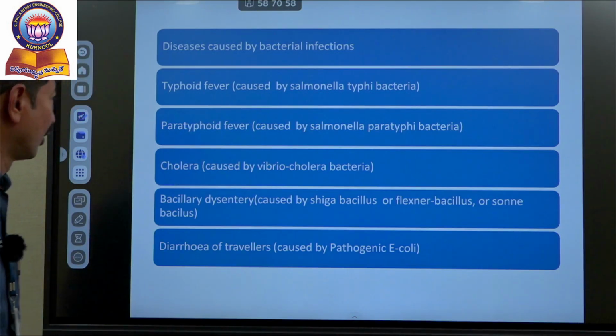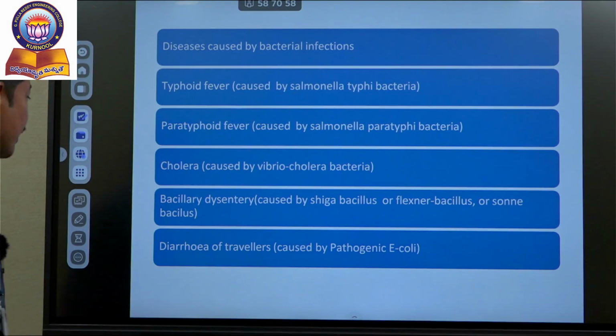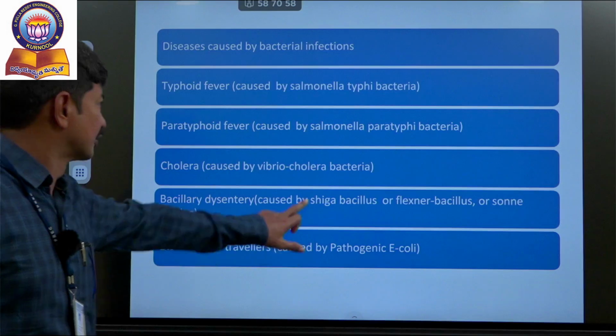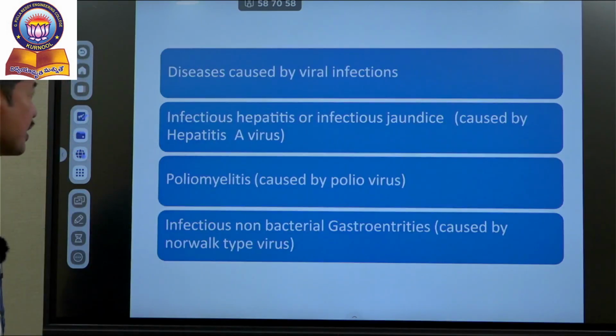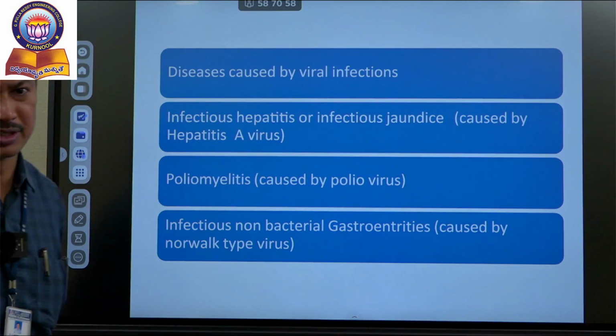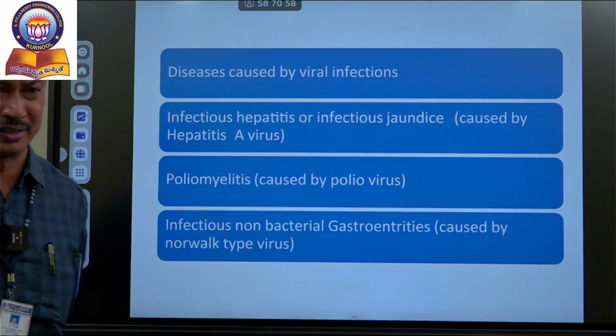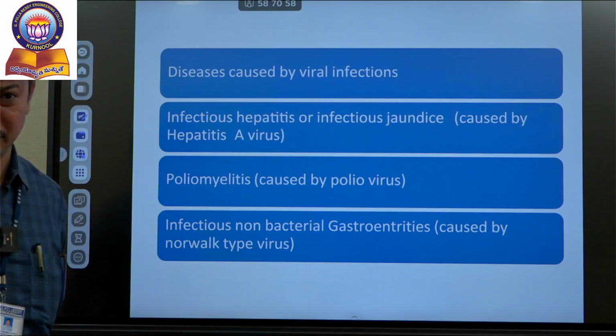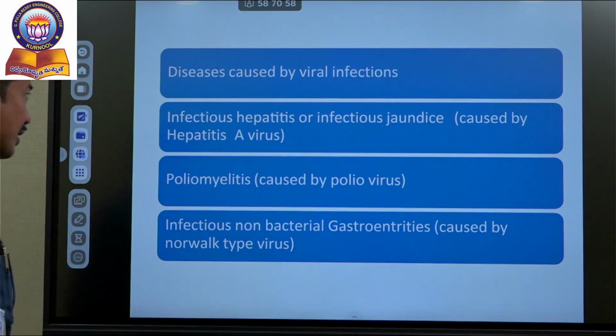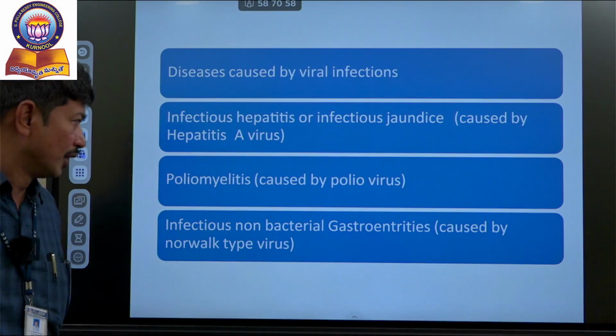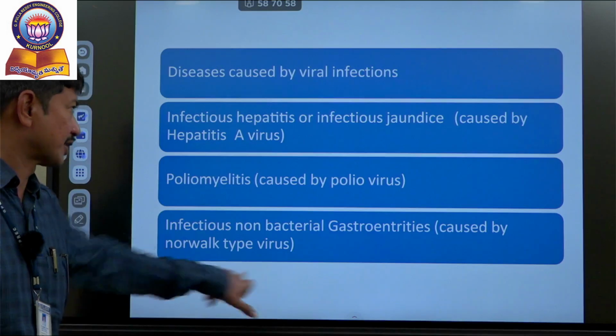These are the main diseases caused by bacteria. And diseases caused by viral infection: one is jaundice, which affects many people, especially in rainy season, because of this virus. Another one is poliomyelitis, caused by the poliovirus, and infectious non-bacterial gastroenteritis.